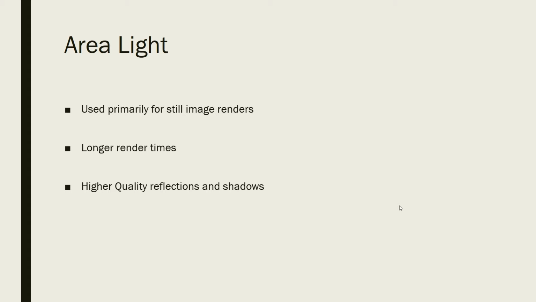So it has to render 300 single images, and it takes 50 seconds per image. So the only issue with area lights is they can give you long render times.